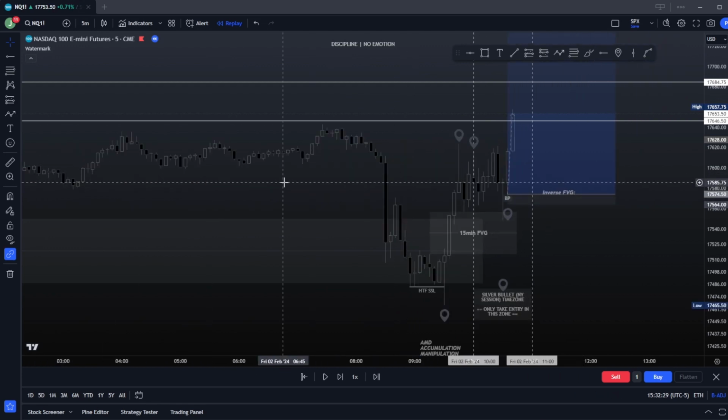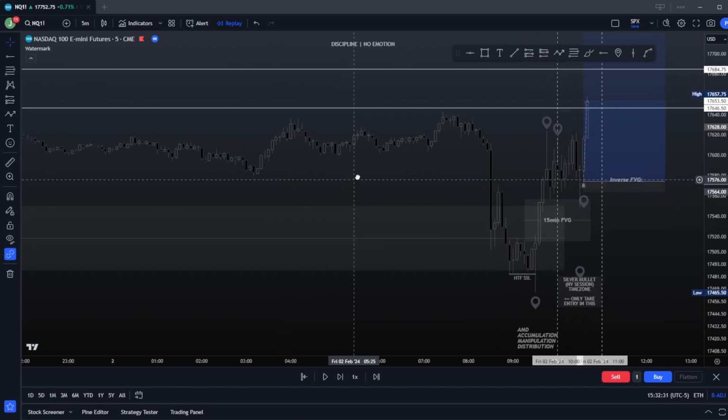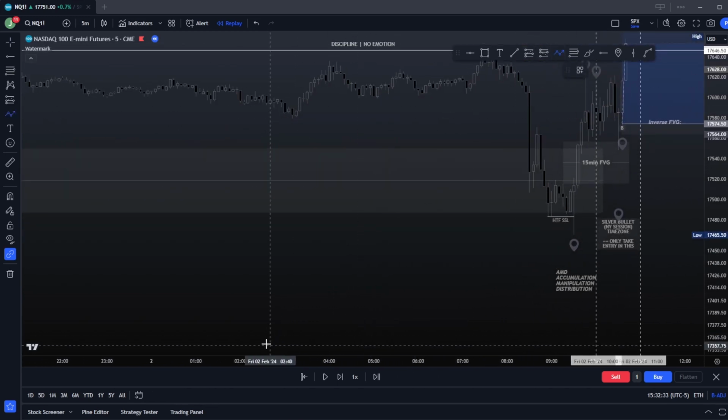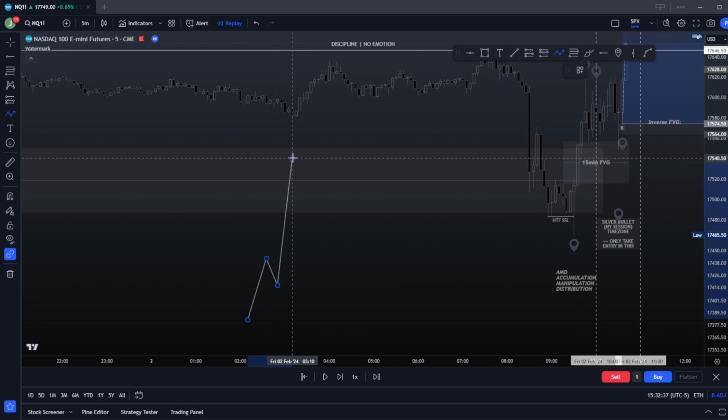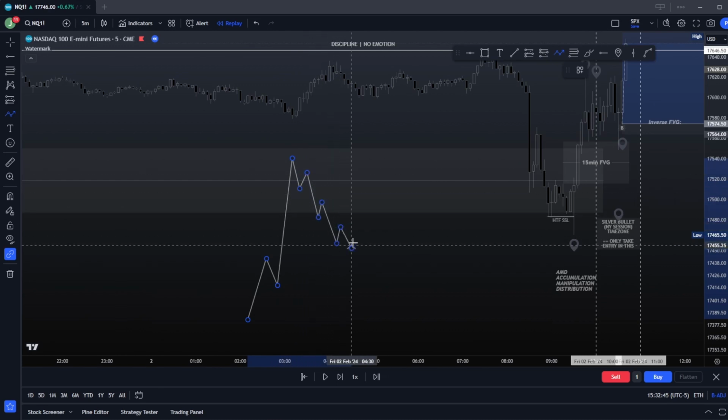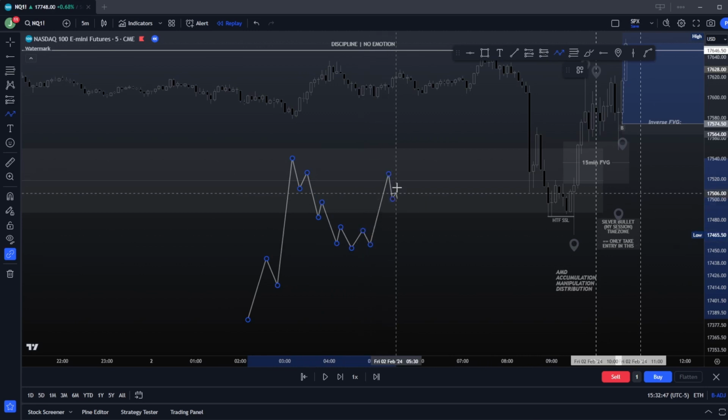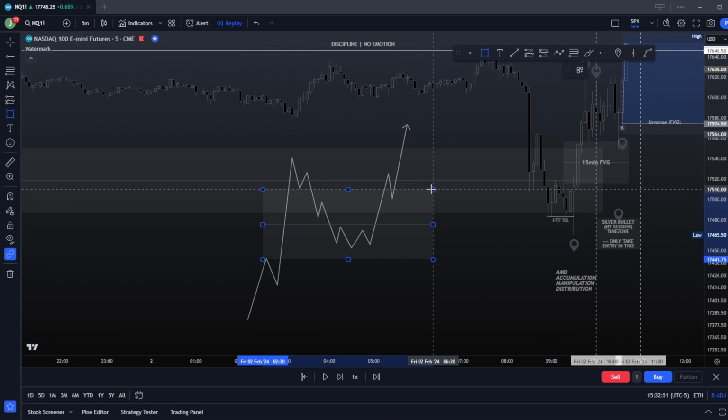A lot of times you can also visualize a cup and handle as a sharp displacement in market structure, creating a fair value gap, and then you have a correction to that imbalance. Because ultimately, this right here, that's a fair value gap. So it's the same thing.